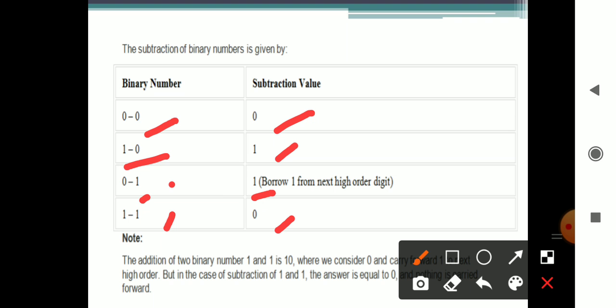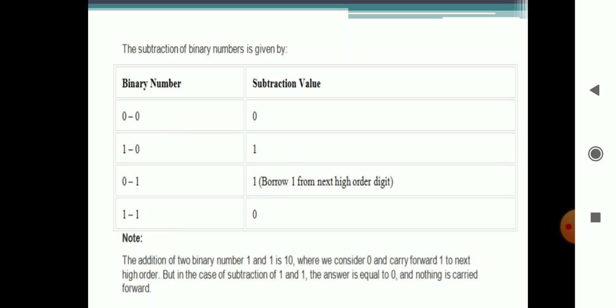So, note that as we have learned in the binary addition class, the addition of two binary numbers 1 and 1 is 1, 0, where we consider 0 and carry forward 1 to the next higher order. But in case of subtraction of 1 and 1, the answer is equal to 0 and nothing is carried forward.